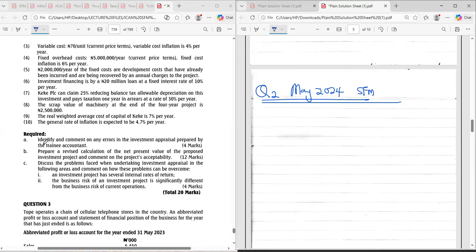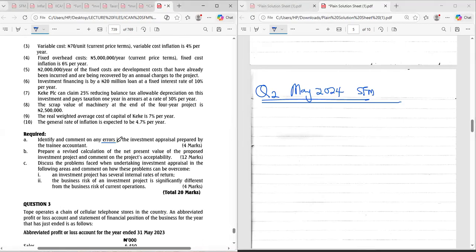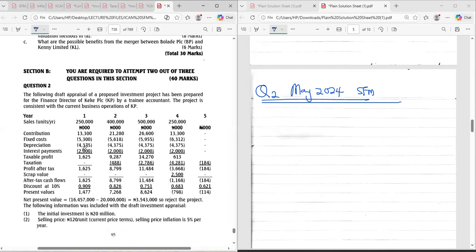A, identify and comment on any errors in the investment appraisal prepared by the trainee accountant. What that means is that an investment appraisal has already been done, which is what we have here. So what they want you to do is, because you're a big dude, check it out and bring us the errors that you think the trainee has made. We are going to check this appraisal with our experience, and check whether it is correct or not. That's just 4 marks.